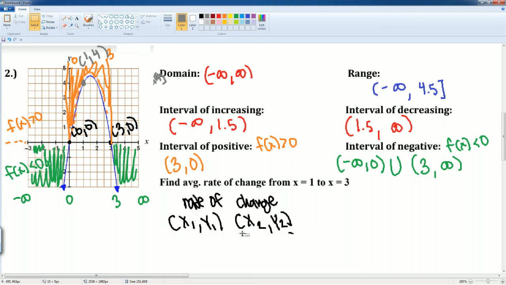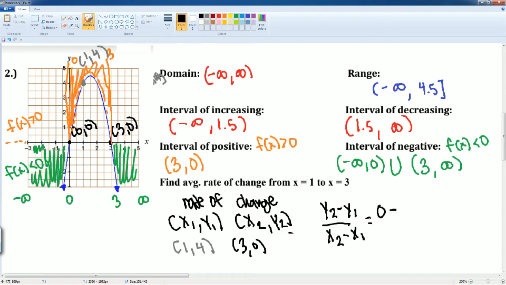The first point that we have is (1, 4). And then the second point that we have is (3, 0). The rate of change formula can be seen as y2 minus y1 divided by x2 minus x1. Okay. Make the substitution in. Y2 is 0 minus y1 is 4.